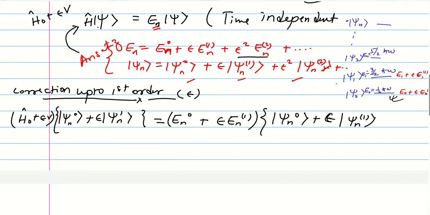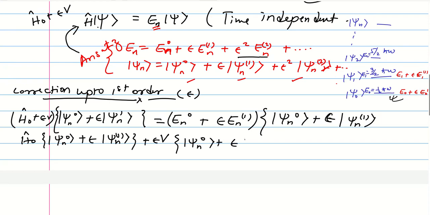Now you see here, this H naught will go over these two terms. And epsilon, and this is equal to again En plus.